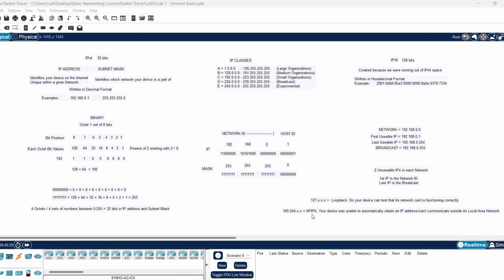That's what's known as an APIPA, or basically a privately assigned or automatically assigned address by your device to itself. This is done so that it can still communicate within its local area network, even if it fails to get a properly assigned IP address from something like a DHCP server.